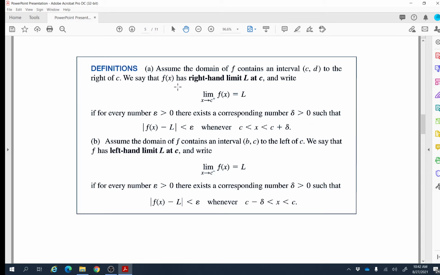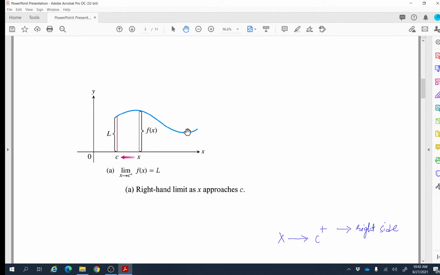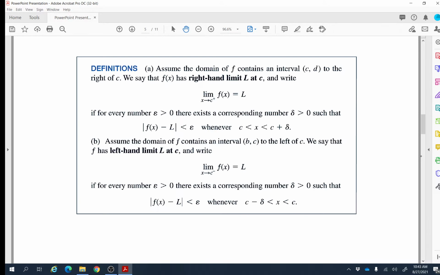We say that the function has the right-hand limit L at c, and we write the limit of the function f of x when x approaches c from the right side is L. If you want to go back to this graph here, there is nothing on the left side of the c. So the domain of this function starts from c, and then anything else on the right side. So in that case, there is a right-hand limit.